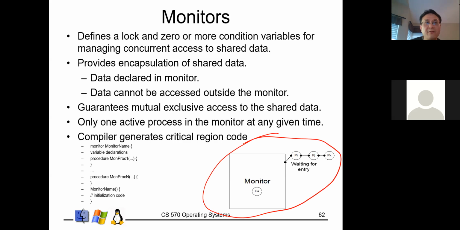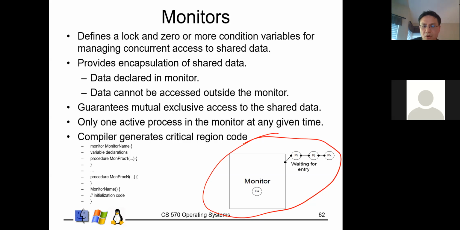So whenever you execute anything inside an operation of the monitor, that operation is a critical section, so that when the data are being accessed, the operation itself provides that critical section for accessing the data encapsulated in the monitor.